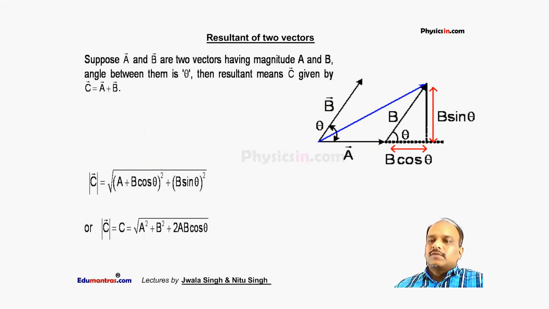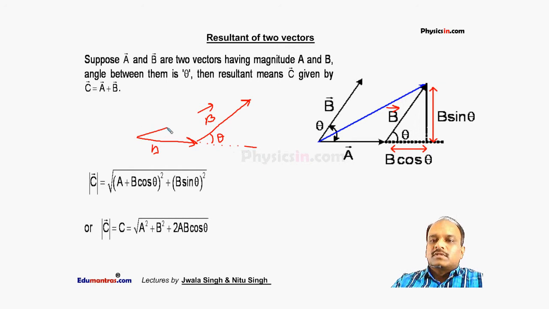Now in the same way, suppose this is vector A, this is vector B. Now we have to add these two vectors. So I will bring this vector B from here to here. Angle between these two is theta, so this angle is theta.